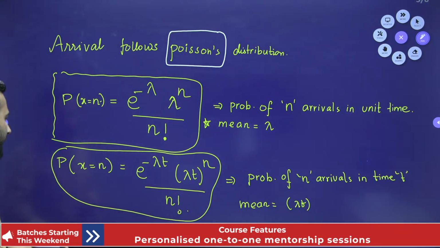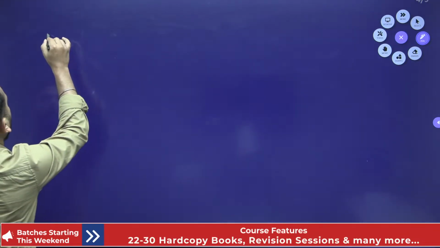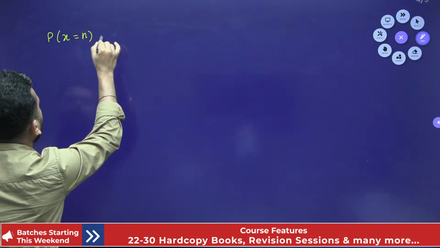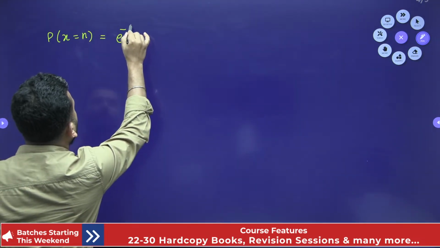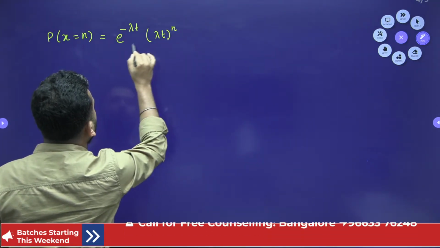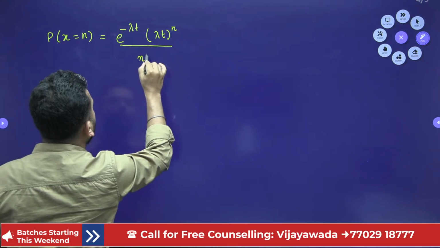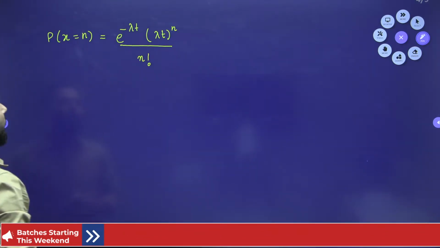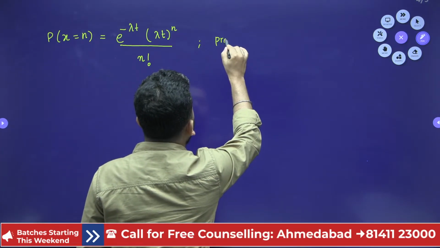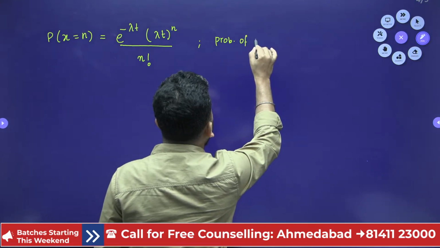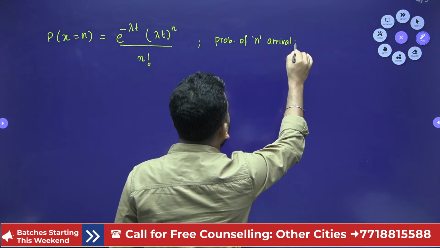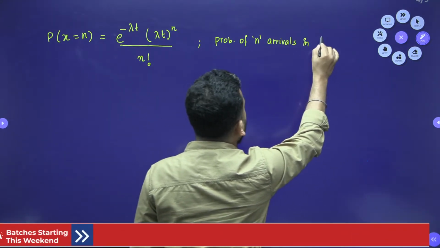Now my dear friends, see one thing, I am going to again write this formula: probability of x equal to n arrivals in time t.